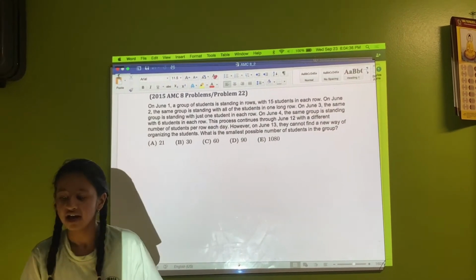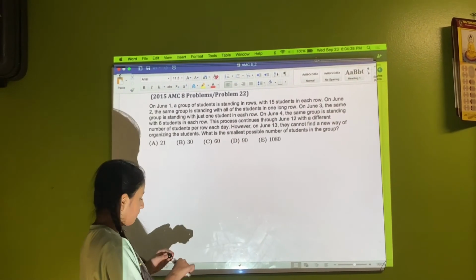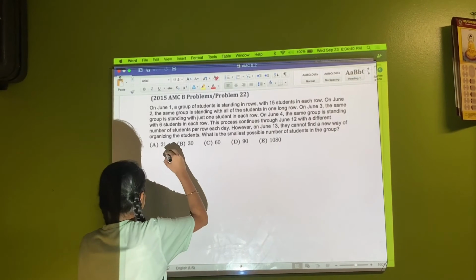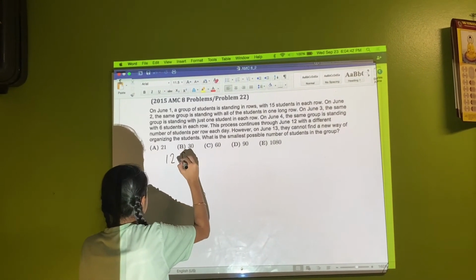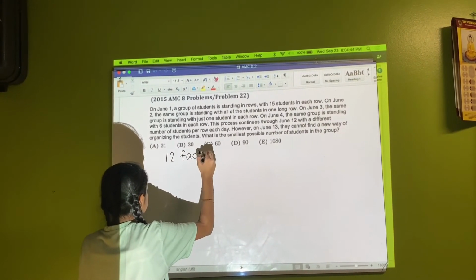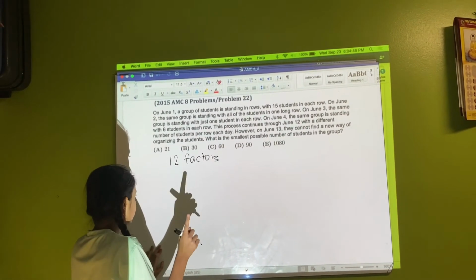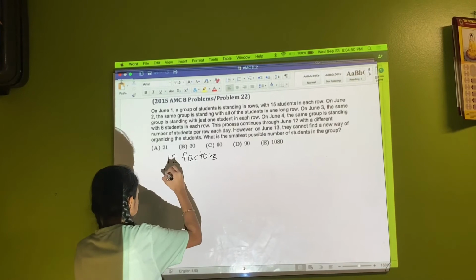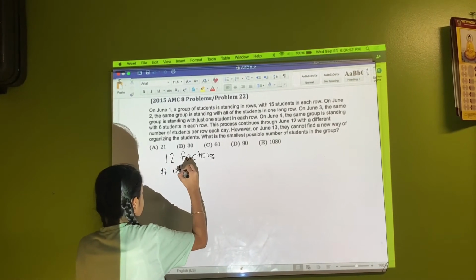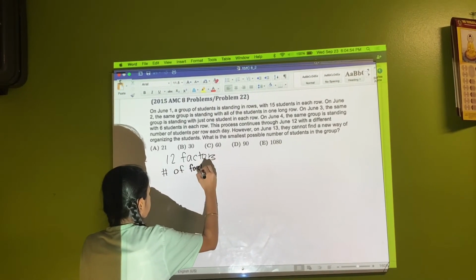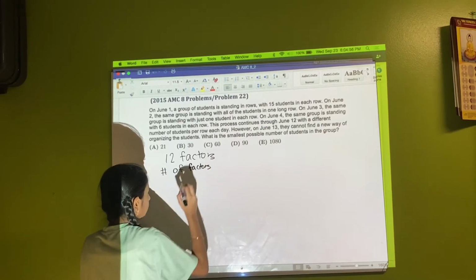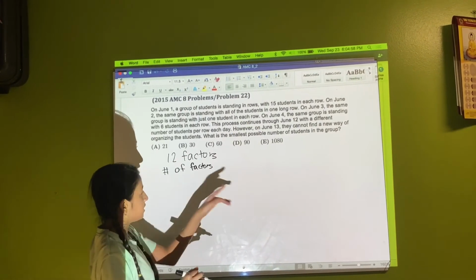So first, we know that this number has 12 factors because you're able to organize it in 12 different ways. Now, if you remember, we did this a few problems back. We used our formula for number of factors, which is the exponents plus 1 multiplied. So in this case, 15 and 6 are the known factors.